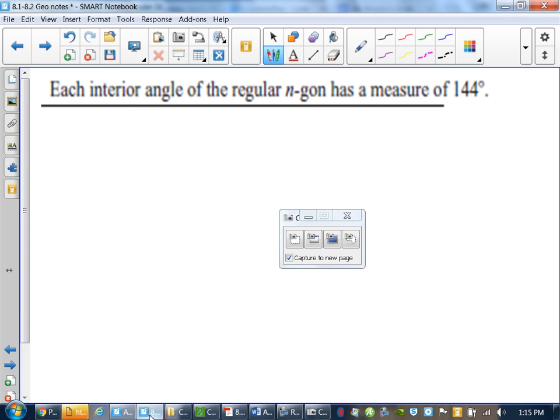If each interior angle is 144, how many sides does it have? This is for a regular polygon. You have a regular polygon, and each interior angle is 144. What do you get for the number of sides?